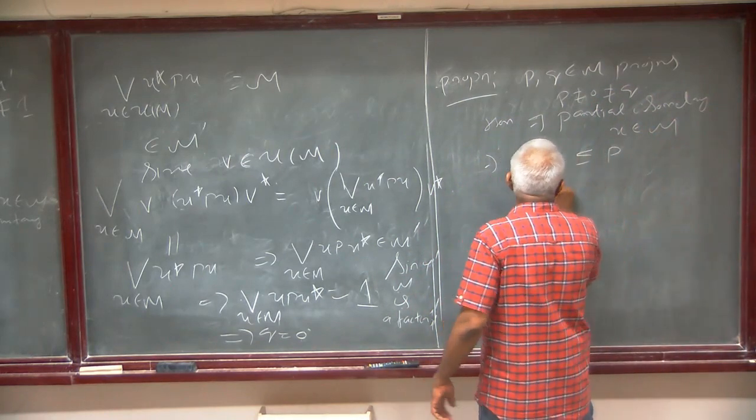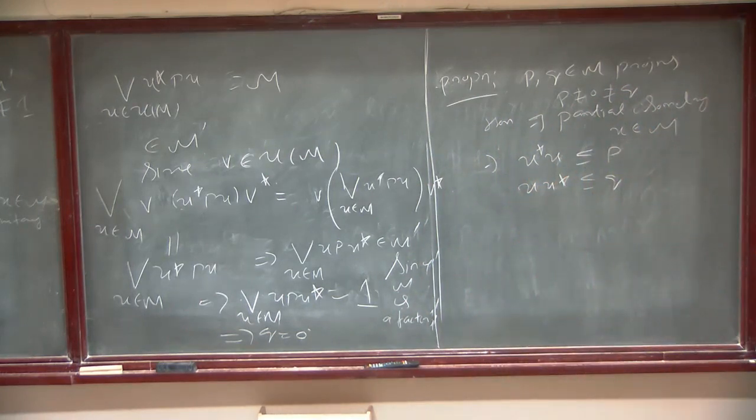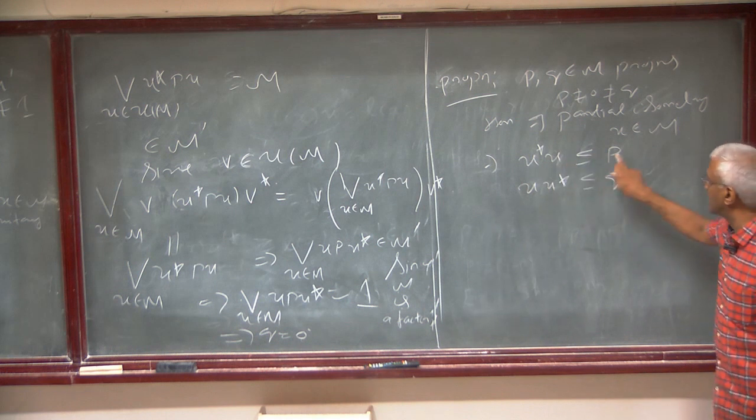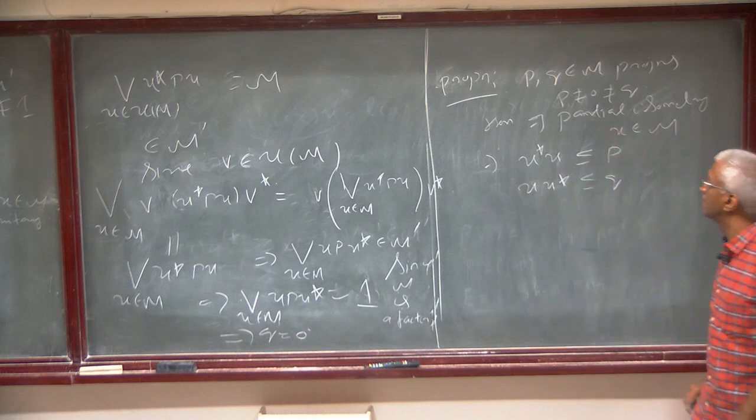And U U star is a projection which is less than or equal to Q. So there exists a subspace of the range of P and a subspace of the range of Q which are intertwined by a unitary between them. Partial isometry is a restricted unitary. If you restrict to the initial space and final space, the initial space is contained in P, the final space is contained in Q, and this U is a unitary between them.